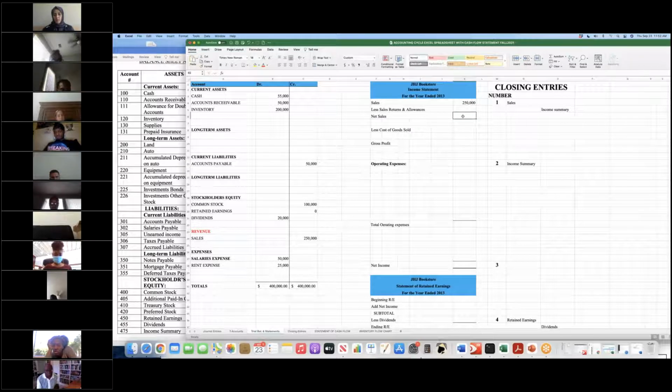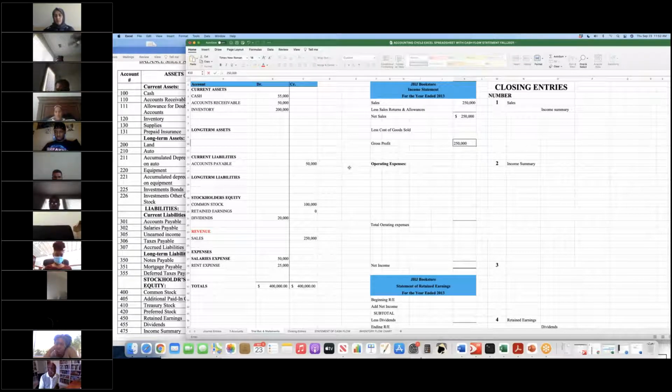We didn't get to sales returns until, I think it was trial balance exam 5 or whatever. But we don't have anything there now, so our net sales is 250,000. We don't have any gross profit. If we had it, we would cost of goods sold. If we had it, we would subtract it. And so the gross profit is 250,000.